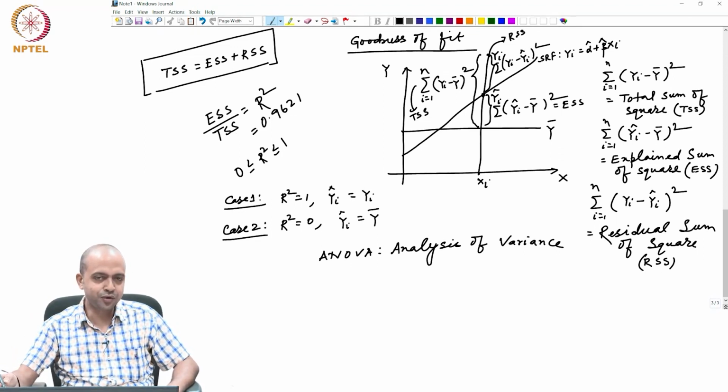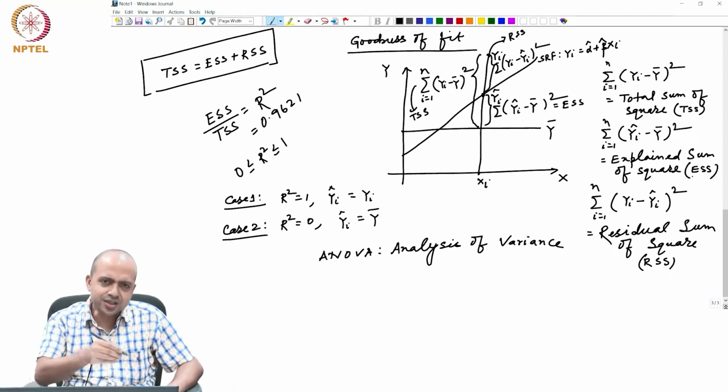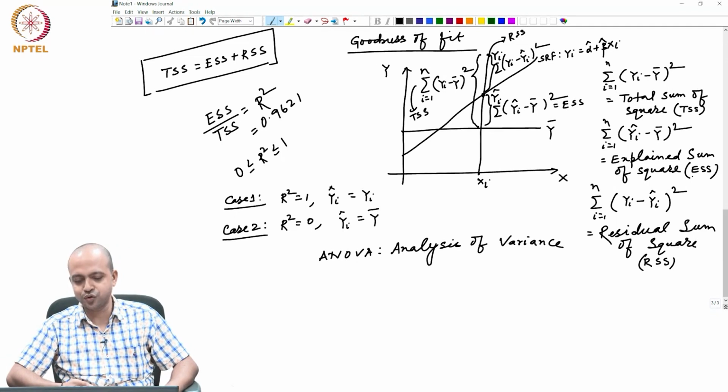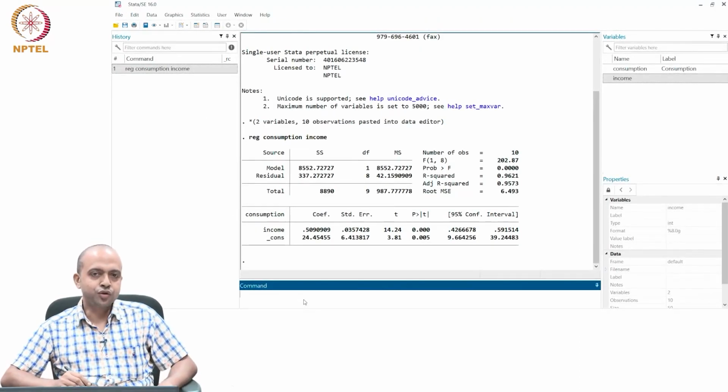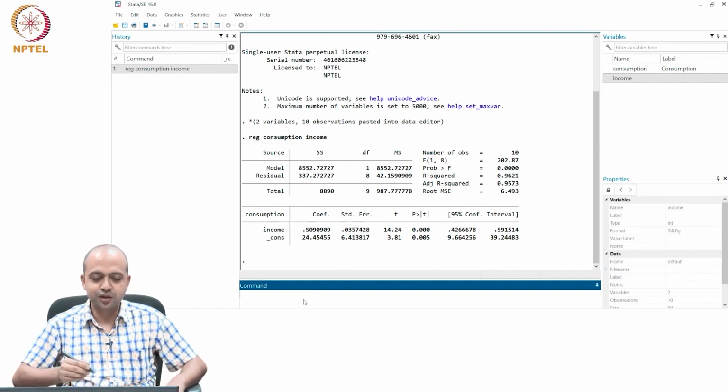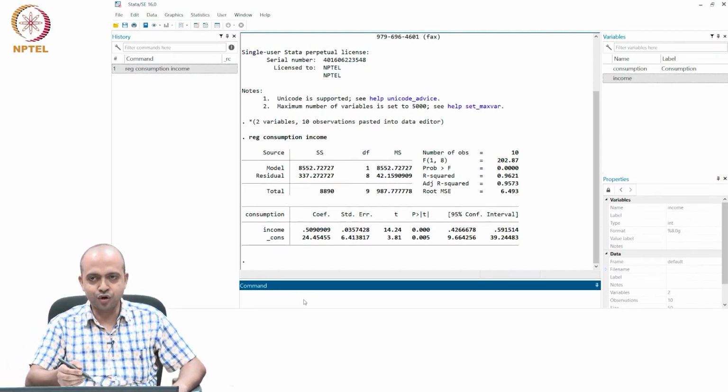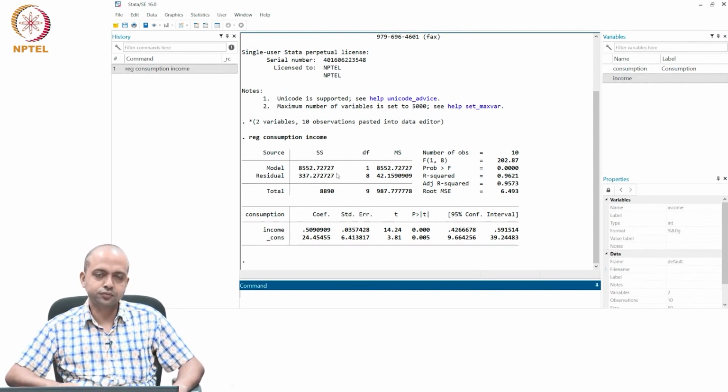In Stata's language it is called the model sum of square. So your model is able to explain this much, and the explained sum of square value is 8552.77.